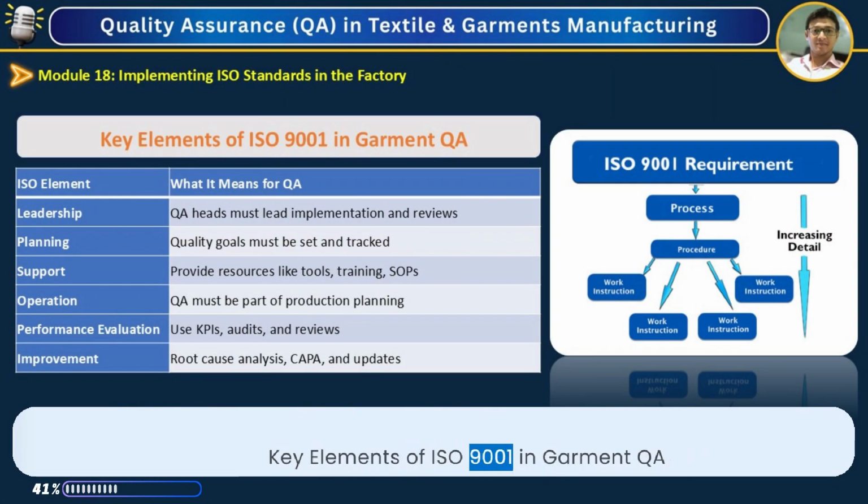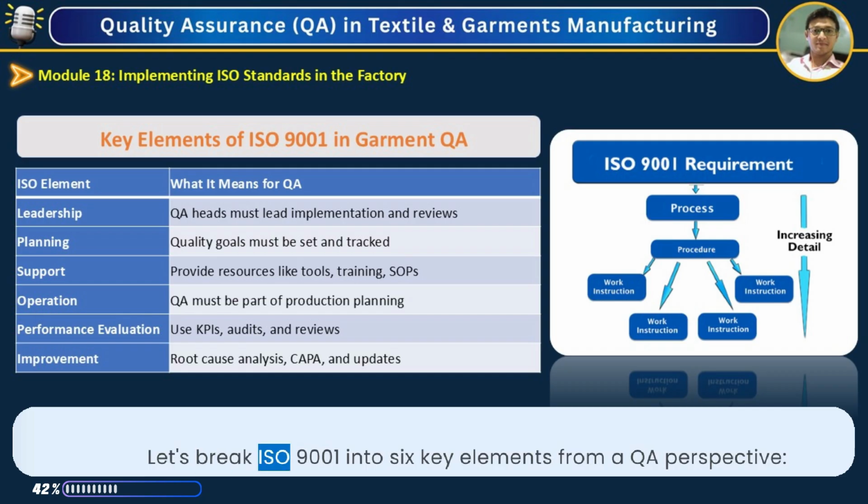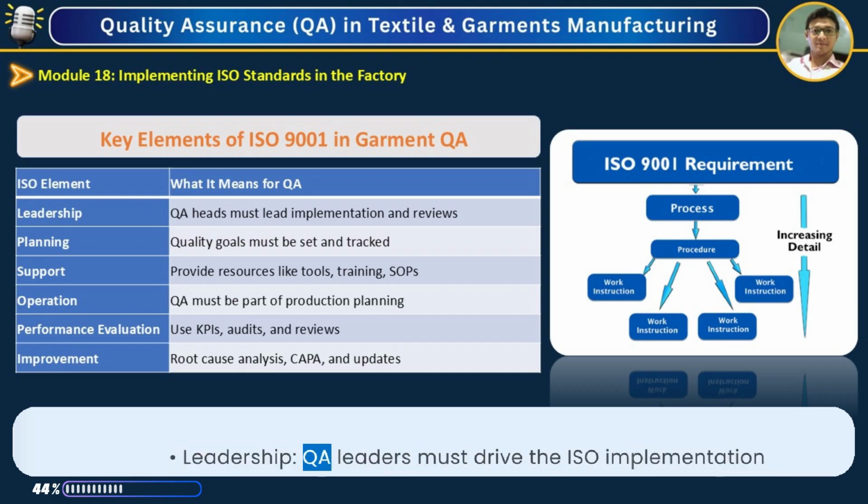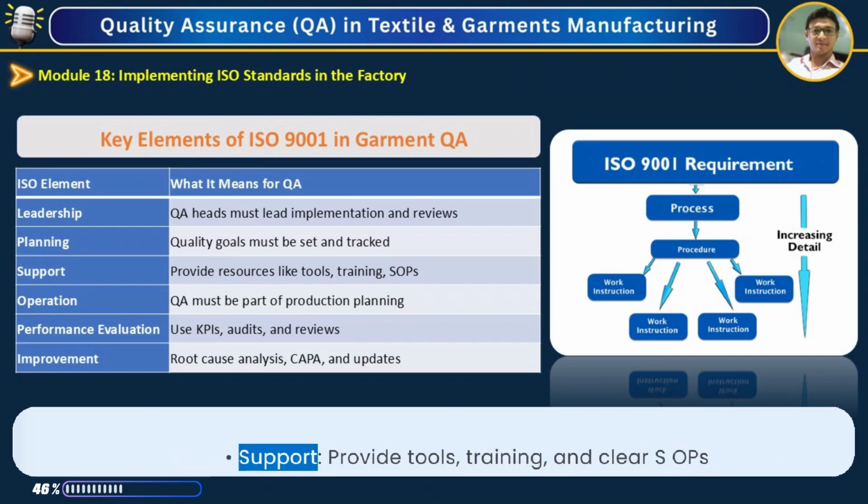Key elements of ISO 9001 in Garment QA. Let's break ISO 9001 into 6 key elements from a QA perspective. Leadership. QA leaders must drive the ISO implementation. Planning. Set clear quality goals and monitor them. Support.